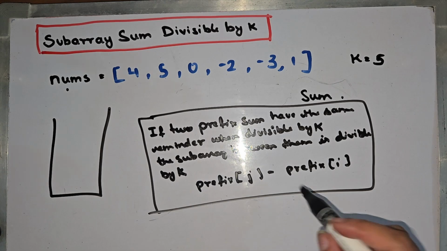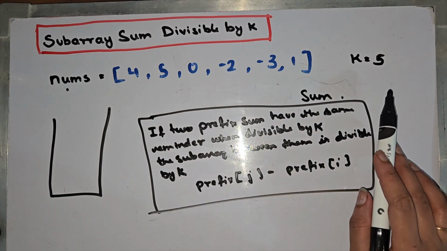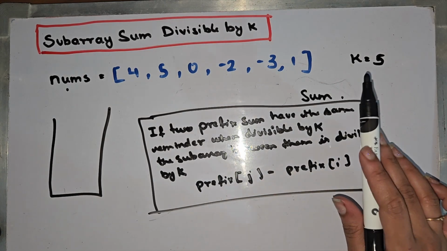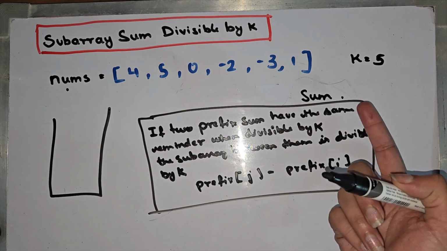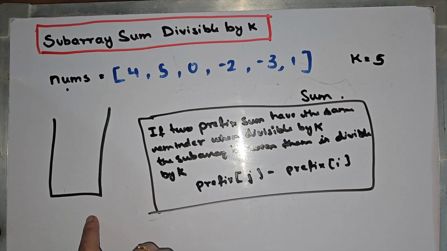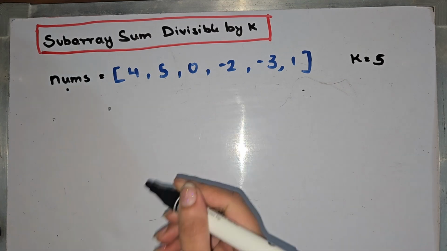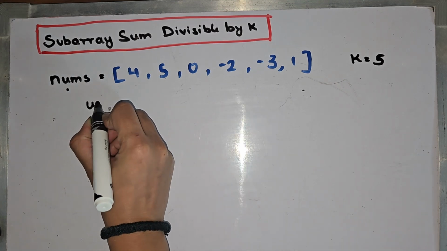What we will do is keep a running sum, take the remainder, which is prefix sum modulus k, and store how many times each remainder appeared. If a remainder appeared again, we found a valid subarray. So this is the entire trick. Let's do this now. We will have an unordered map.